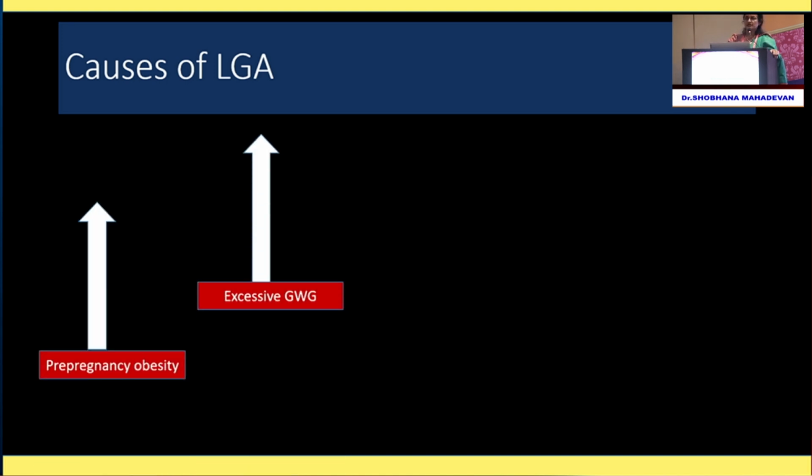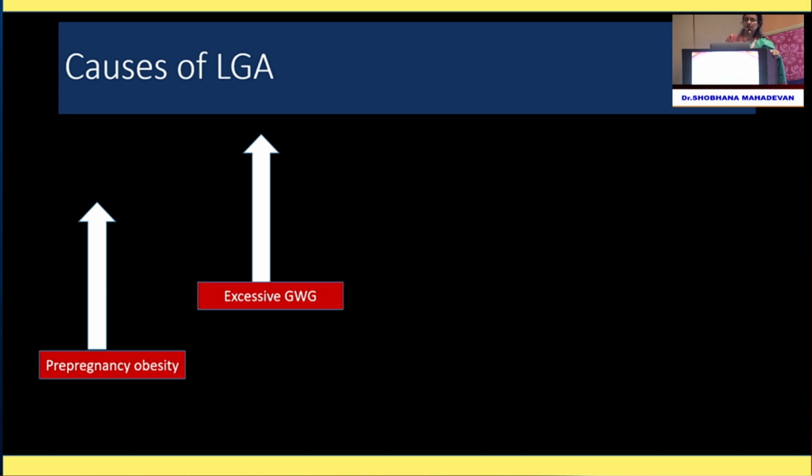Pre-pregnancy obesity and excessive gestational weight gain are coming up as one of the common reasons for a large baby in recent times. We are all aware that obesity is on the rise, and in our culture where people eat for two in pregnancy, excessive gestational weight gain, particularly in the first trimester, before they even come to us and we can intervene in some form, the damage is already done.